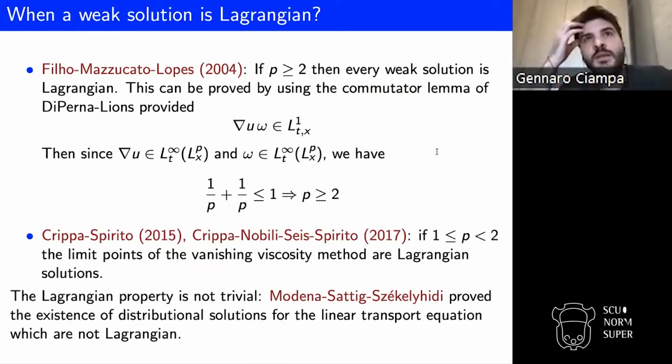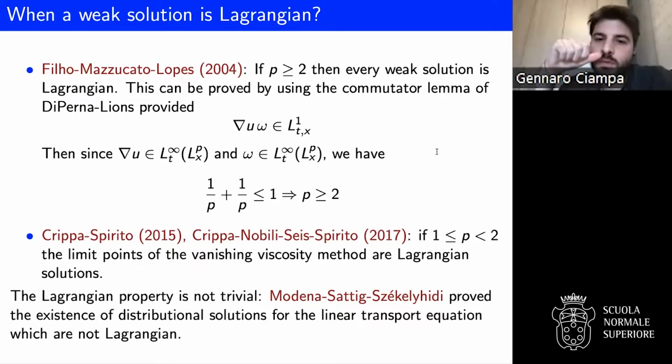It may seem a trivial property, but it is not actually. So you may ask when a weak solution of Euler is Lagrangian. It is true for every weak solution whenever p is bigger than 2.